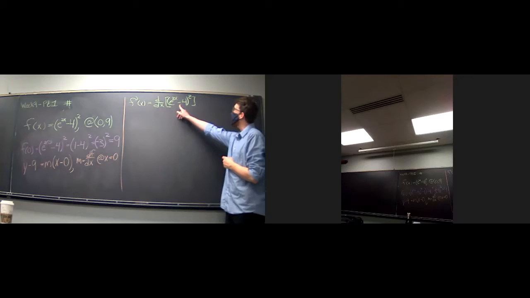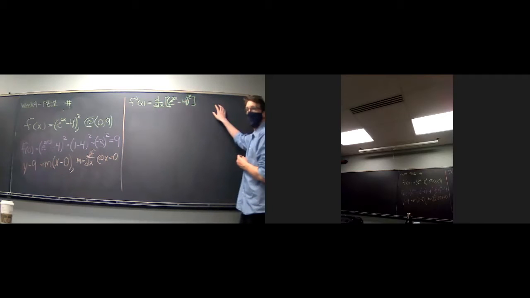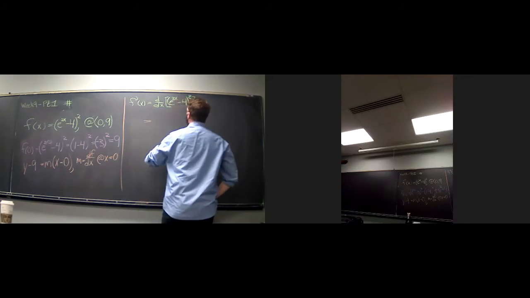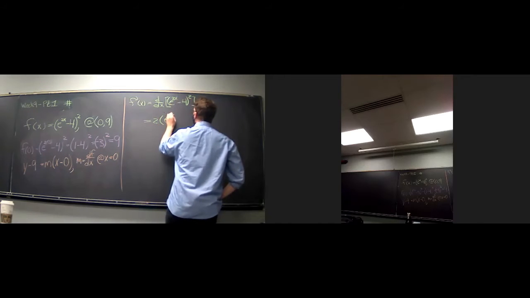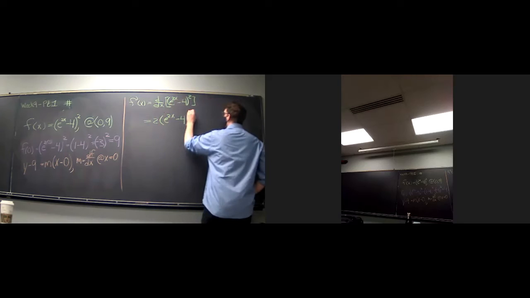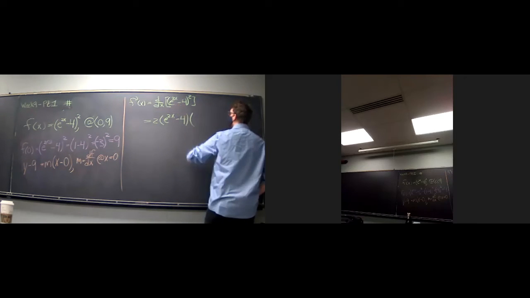Take the derivative of the outside, leaving the inside intact, times the derivative of the inside, right? So this is going to come out to be 2 times e to the 2x minus 4. All that times the derivative of the inside, which is just going to be 2 e to the 2x.